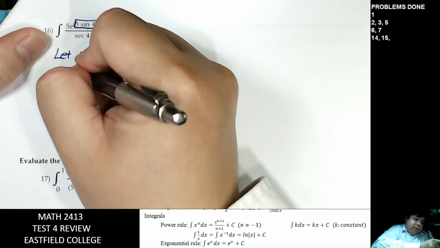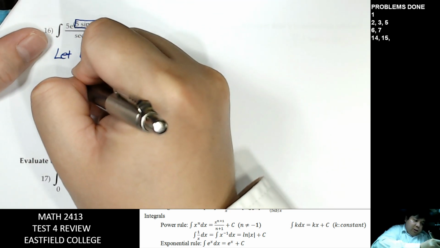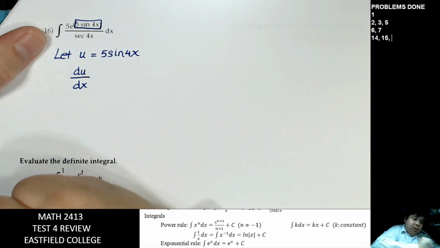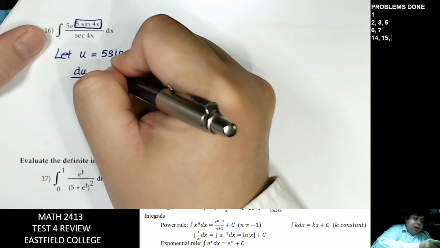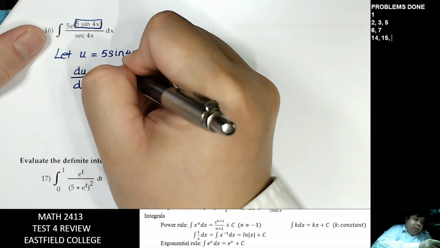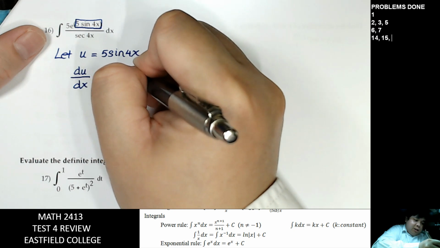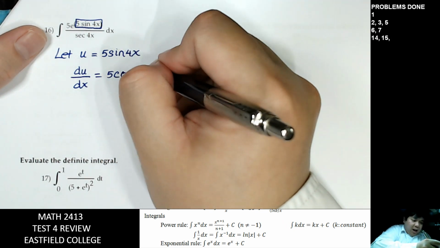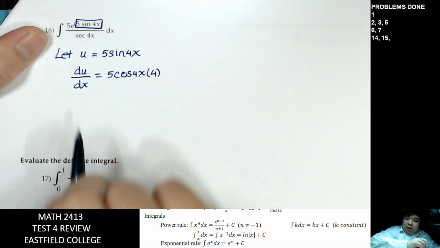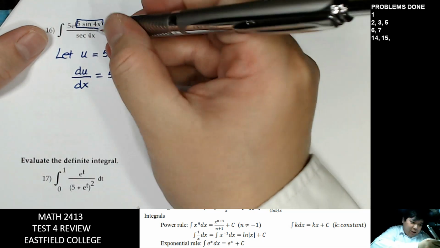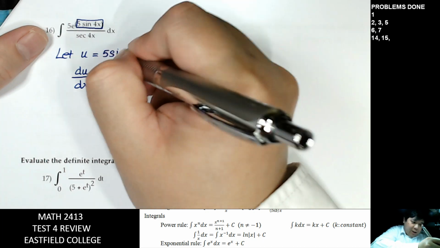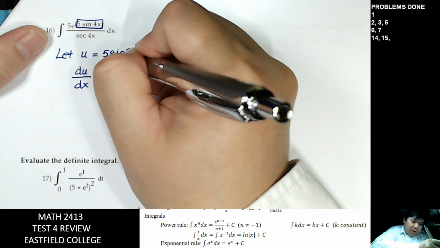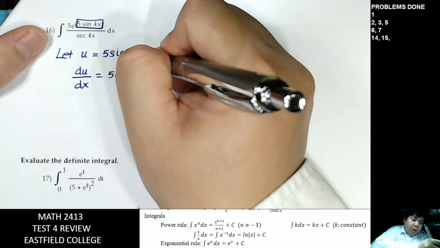Alright, we'll take derivative. It's going to be 5 cosine 4x. And then the chain rule, if we put the box around 4x, we have to have 4. So, like sine of the box, and then the box is 4x.